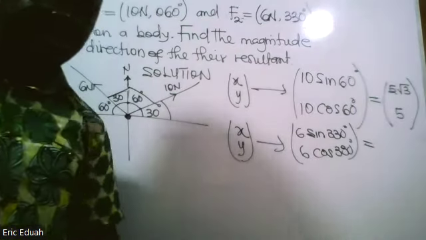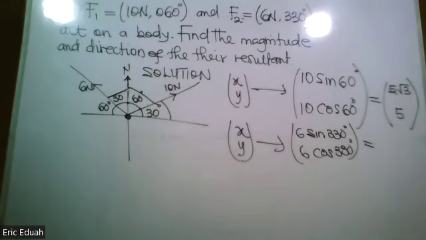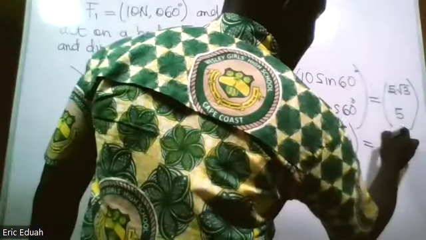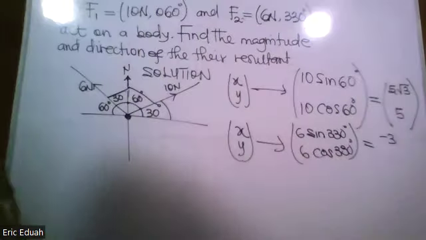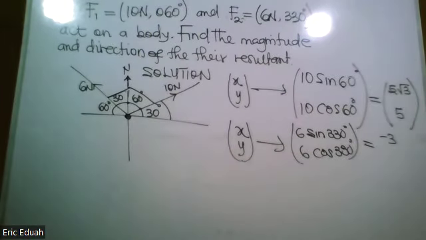Find 6 sine 330 for me. -3. Okay. So this is -3. And then 6 cos 330 is 3 root 3.